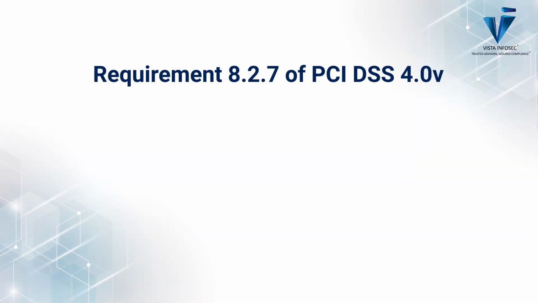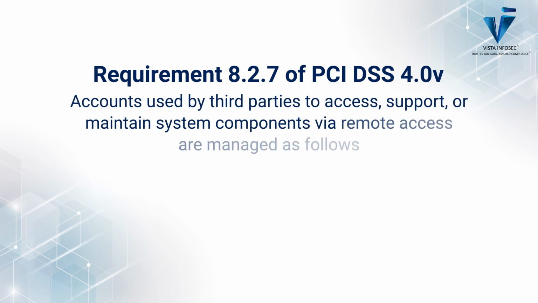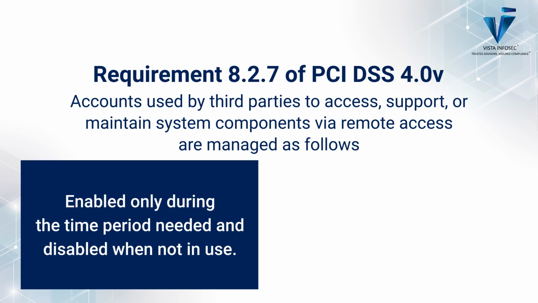Now in version 4, this is covered under requirement 8.2.7. Here it mentions that accounts used by third parties to access, support, or maintain system components via remote access are managed, and they made it more clear. Number one, enabled only during the time period needed and disabled when not in use. And the next is, use is monitored for unexpected activity.